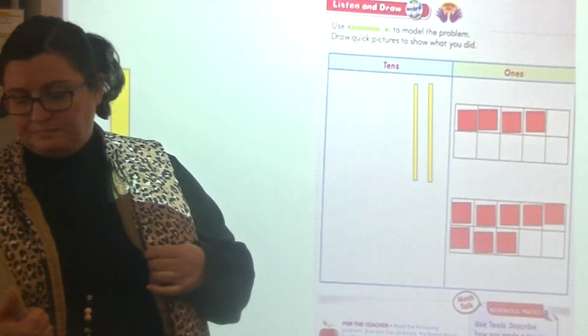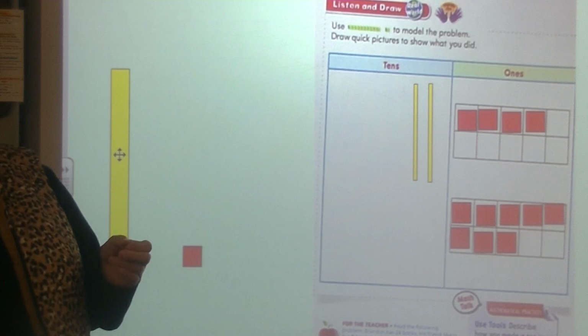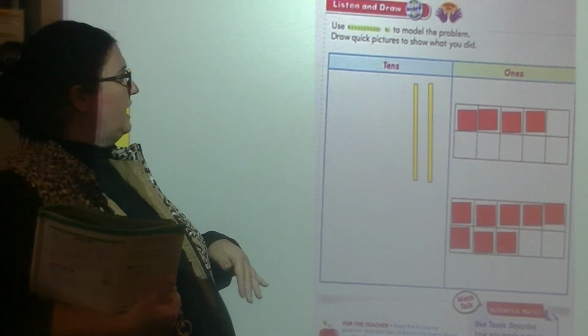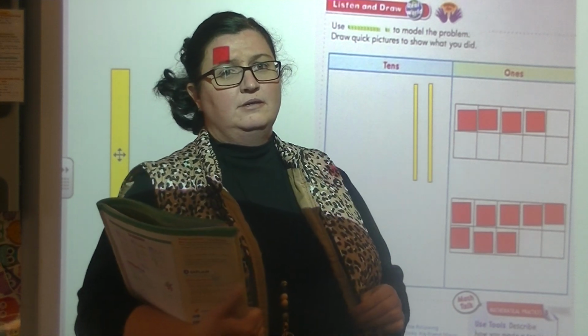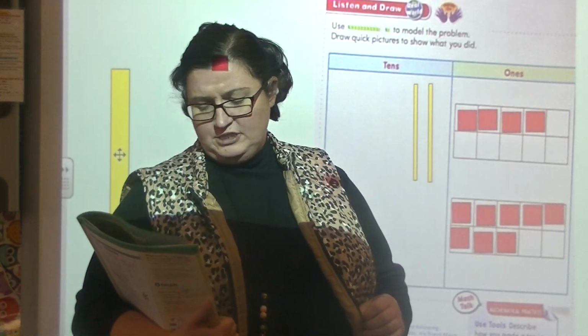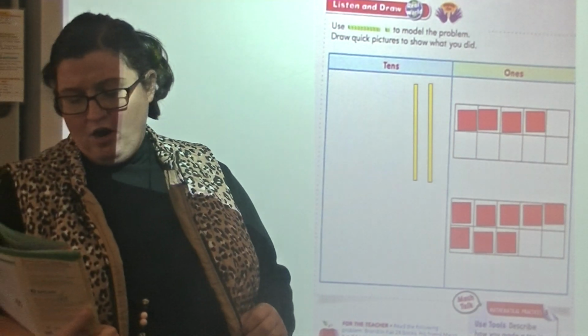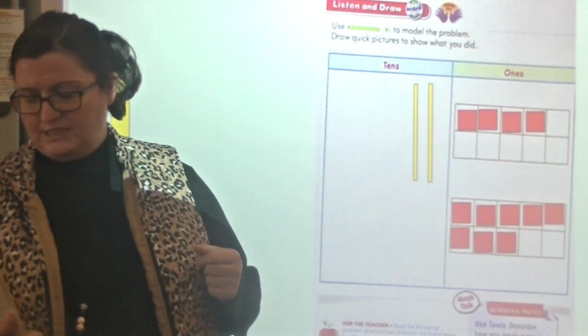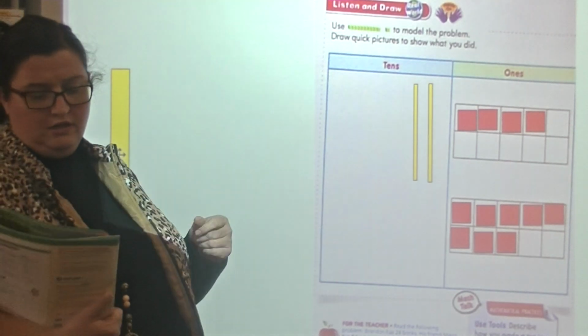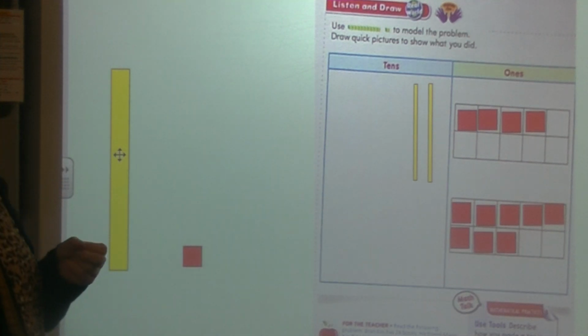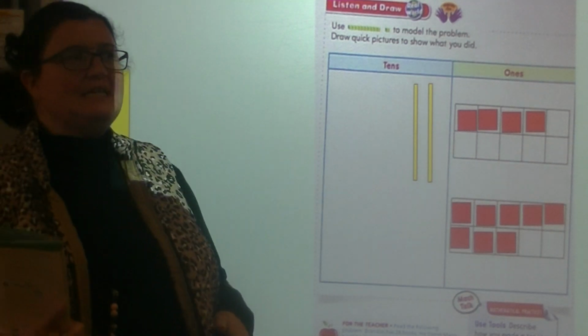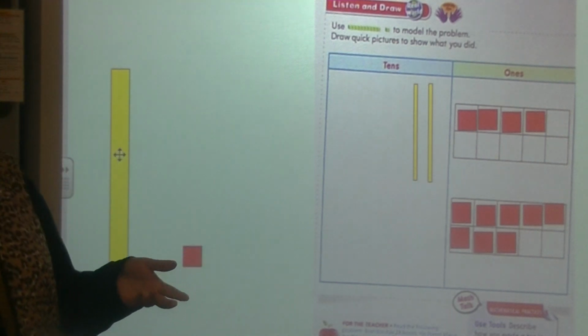Now, there's a problem with that. Can I have 12 ones? I'm not going to be able to do that, no. All right, how can I move ones blocks on the tens frame to show 12 ones as a ten and some ones?